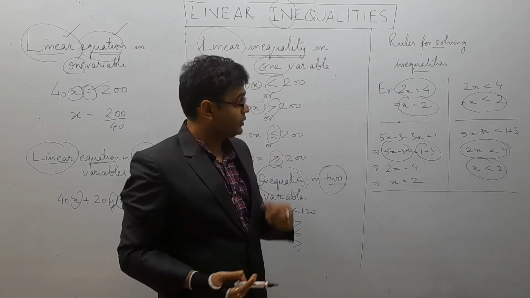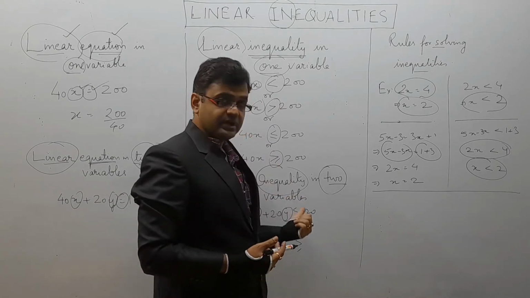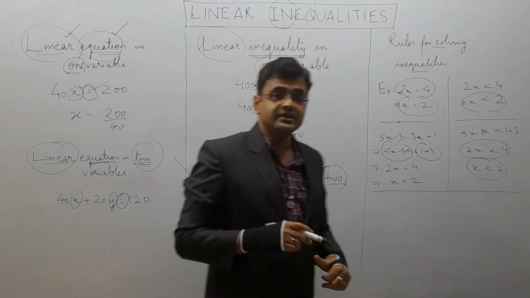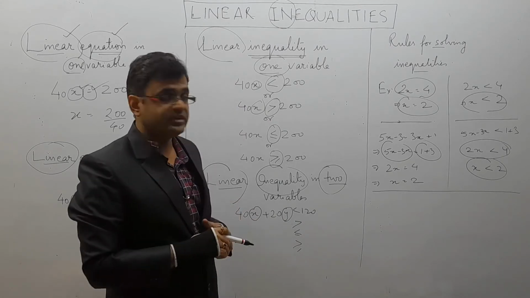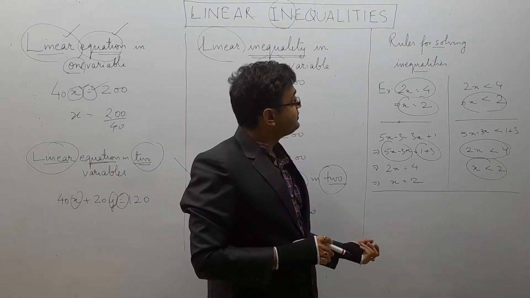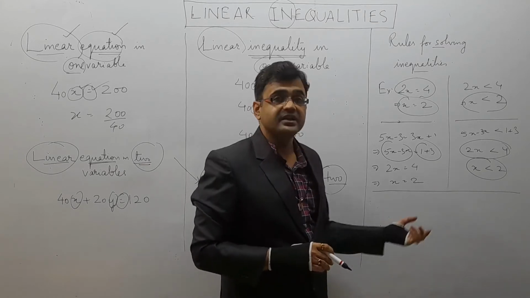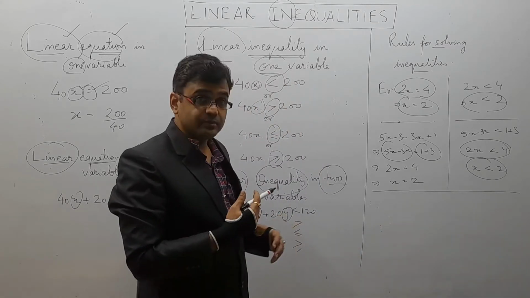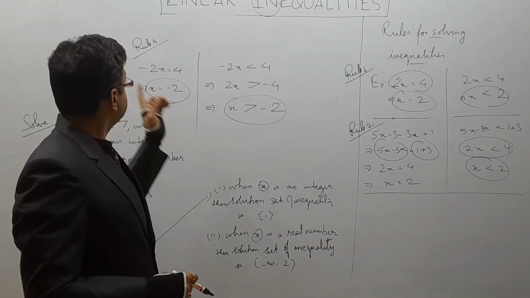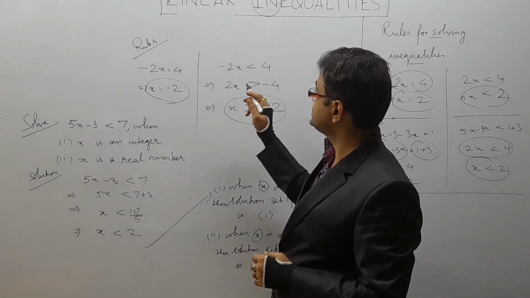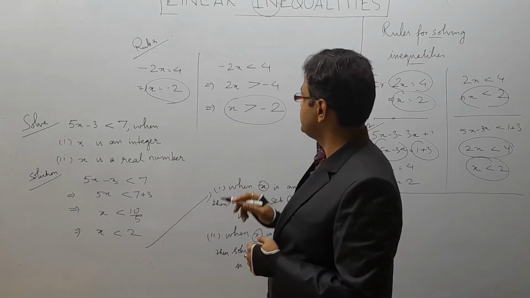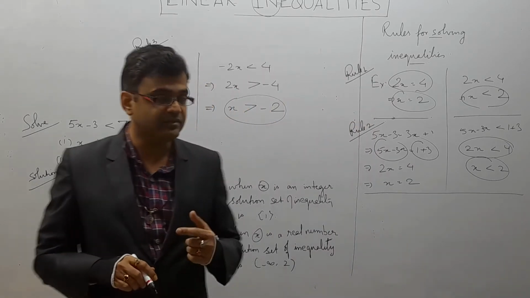Now the next thing I am going to tell you is very important. That is the main rule, and that is the main area of difference between solving an equation and solving an inequality. So let us come to the third rule. The third rule tells that if the same negative number, the important thing here is negative number.